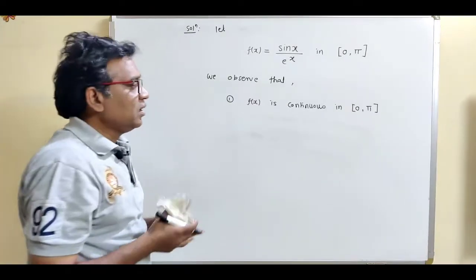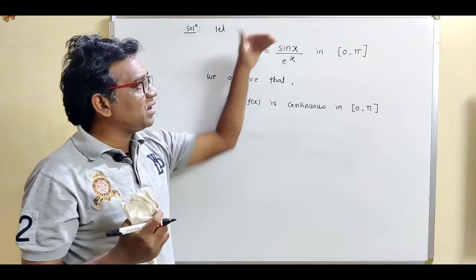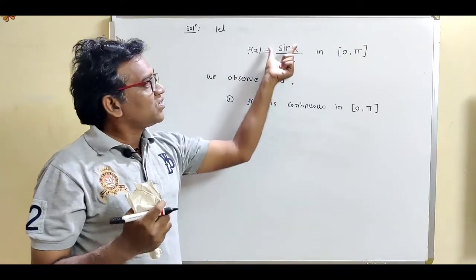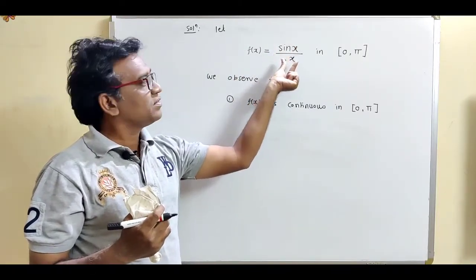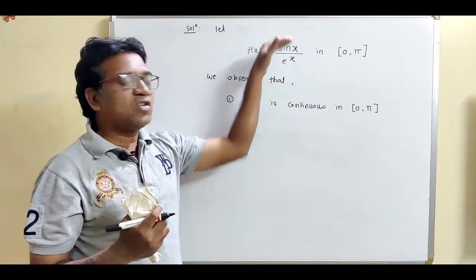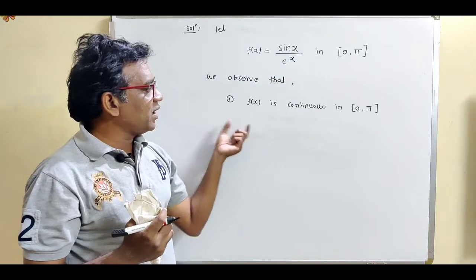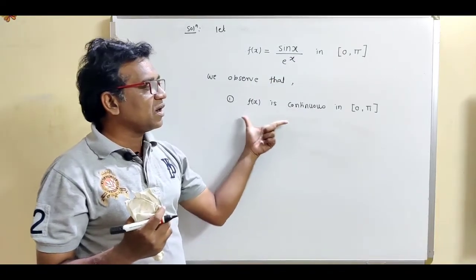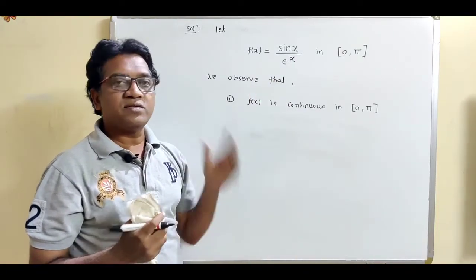And what is the reason? Because f(x) contains the division of continuous functions. Sin x is always continuous. The exponential function is again continuous. So the division of continuous functions is continuous. So we can write directly, f(x) is continuous in the closed interval [0, pi].